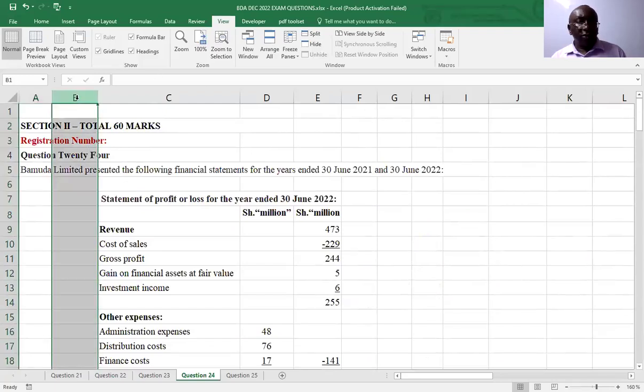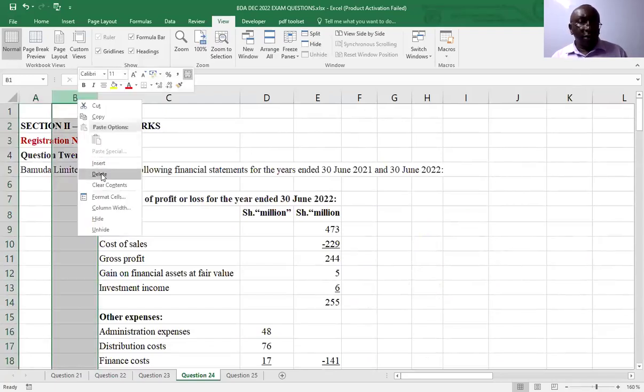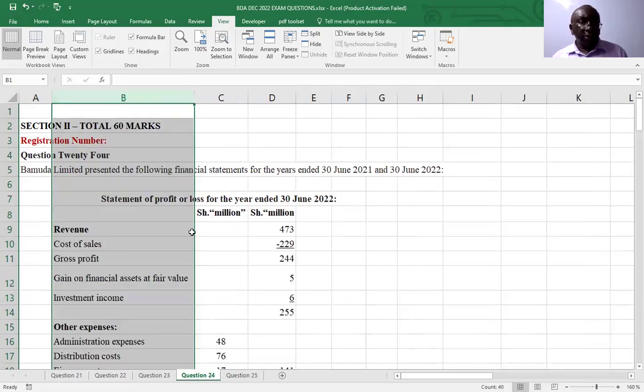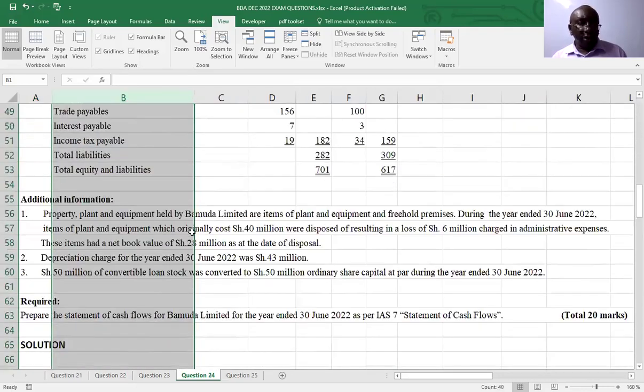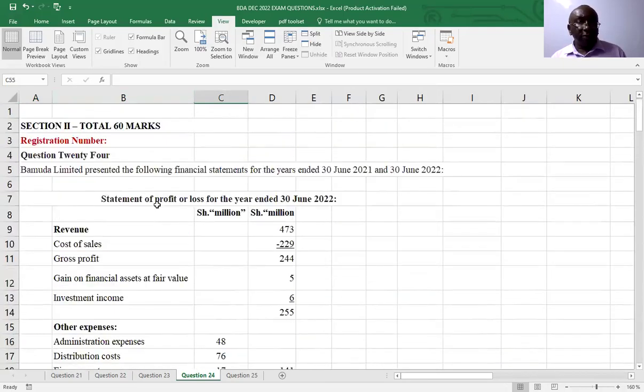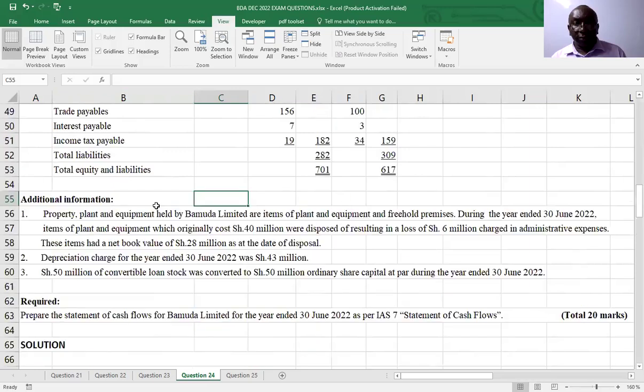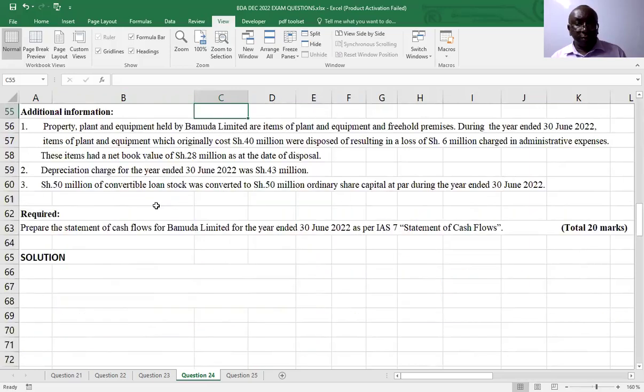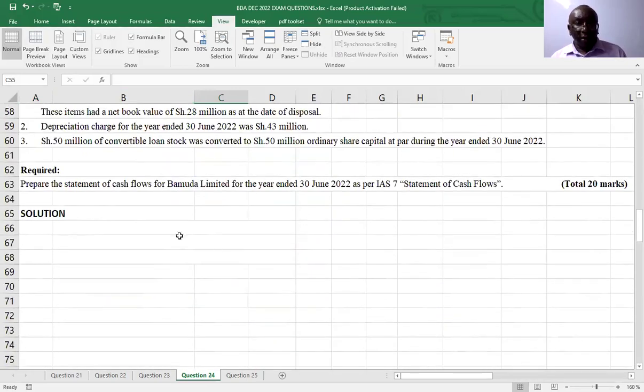See, if I removed this one, is there any damage that is done? No damage. So that column did not contain anything. Yeah, that's good.